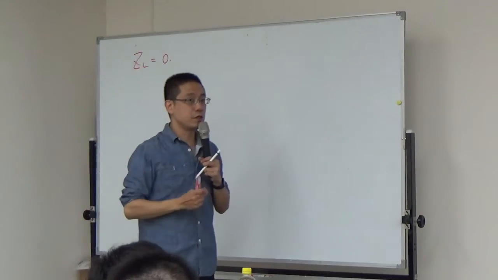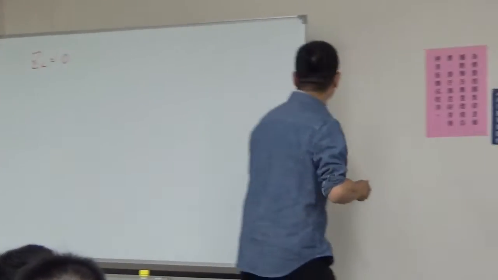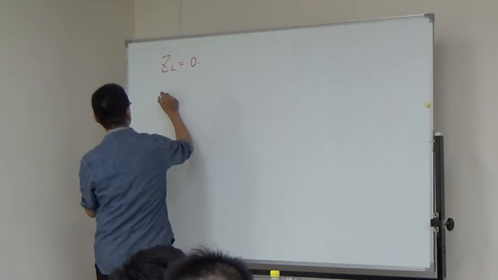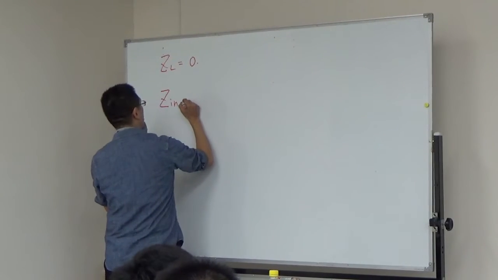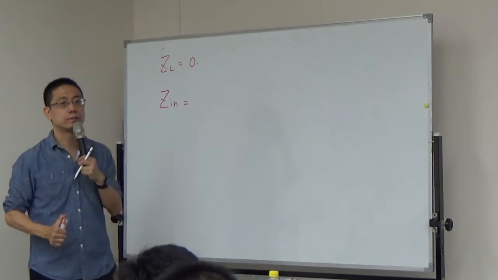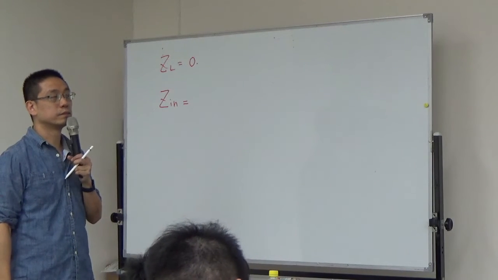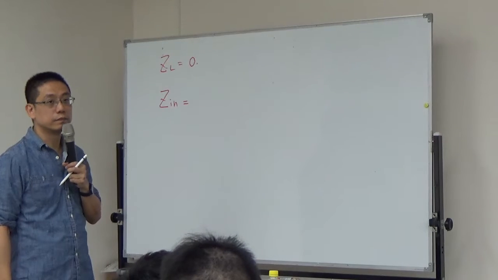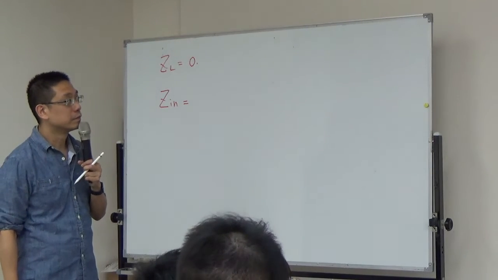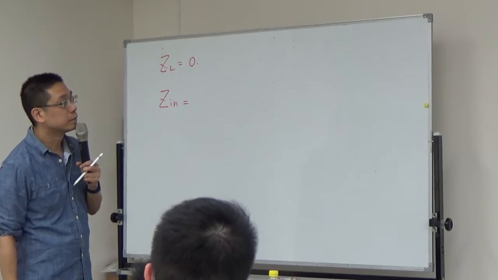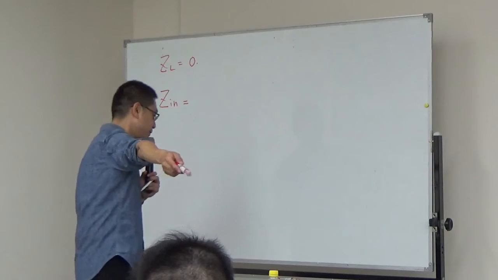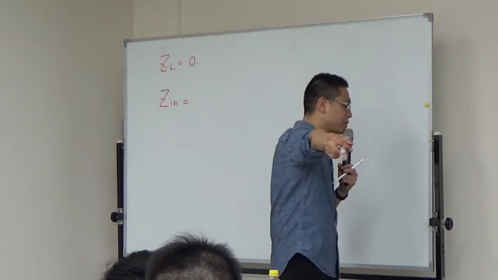So, if ZL is 0, Z in equals to Z0 times j tangent beta L. It depends on your answer.